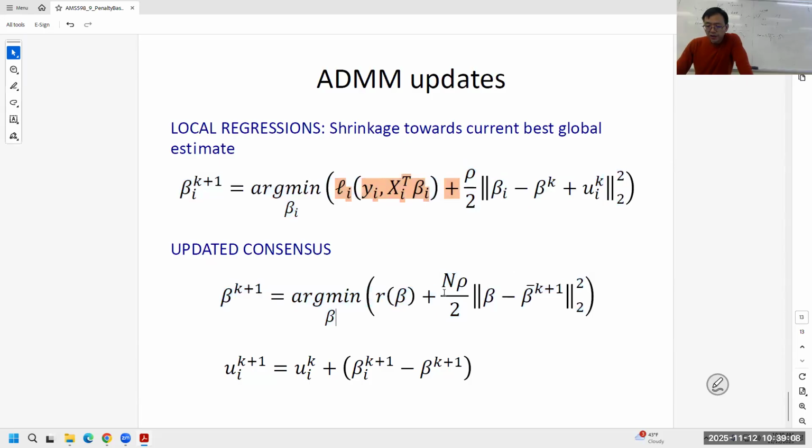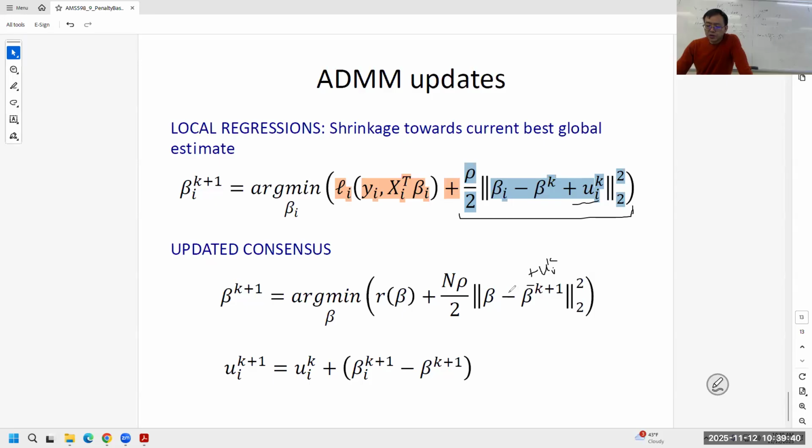There is a little bit to note about this term right here. The quadratic term you need to minimize actually involves u i k inside, so instead of just beta minus beta bar, you have u i here.